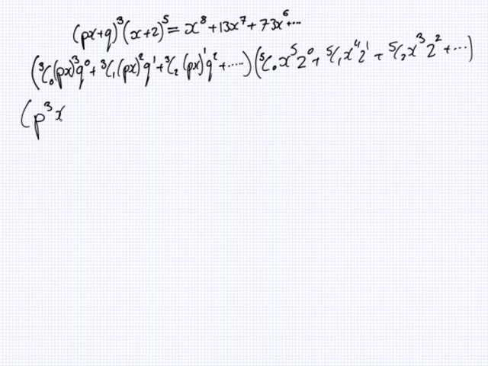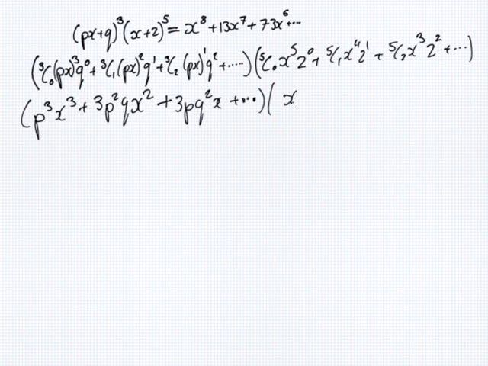p cubed x cubed plus 3p squared q x squared plus 3pq squared x, and so on, times x5 plus 10x4 and 5c2 is what? 10 times 4, 40 x cubed, etc. Now again, we don't have to multiply all of them because we're just needing to make x8, x7 and x6.